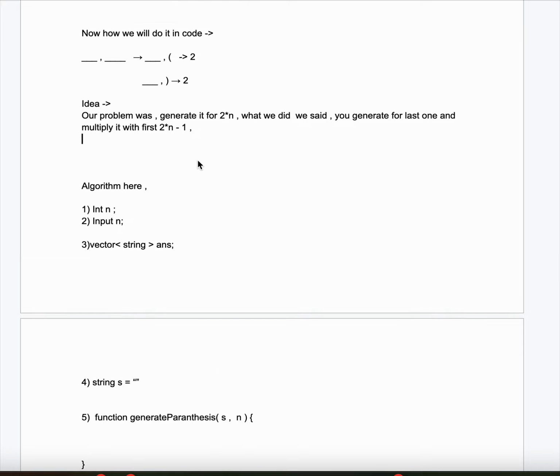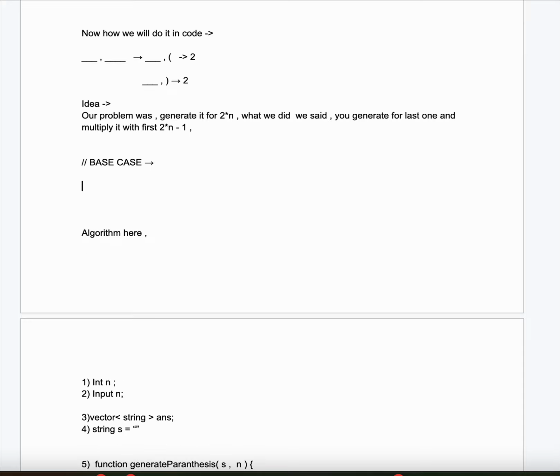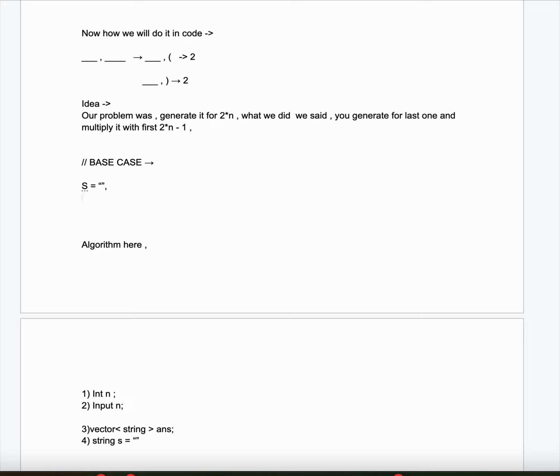So let's discuss the base case also. I forgot this. What's the base case? The base case is when you are trying to fill positions and you have filled all the positions. Let's say you have a string s equal to empty at the first case. Then you filled it with an opening bracket, then a closing bracket, then a second opening bracket, then again an opening bracket.